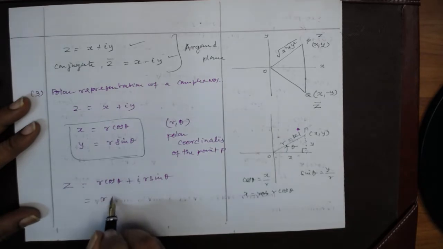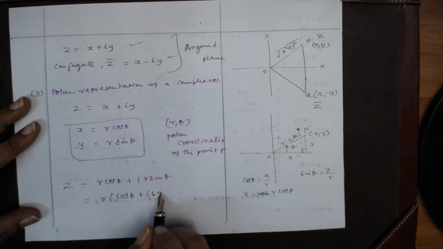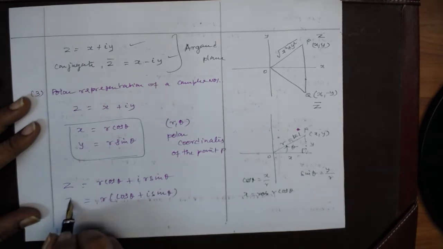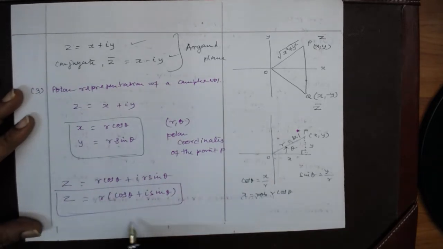So r of cos theta plus i sin theta. So this is the way you can represent a complex number in terms of polar coordinates. Got it? And this is called the polar form of a complex number.